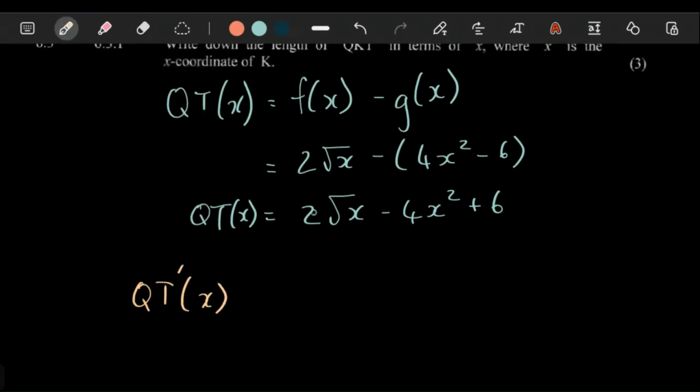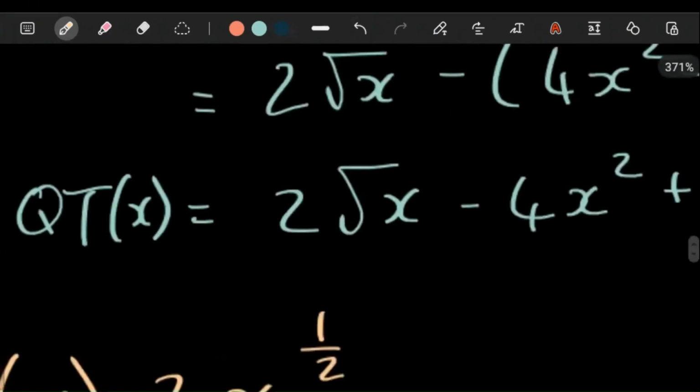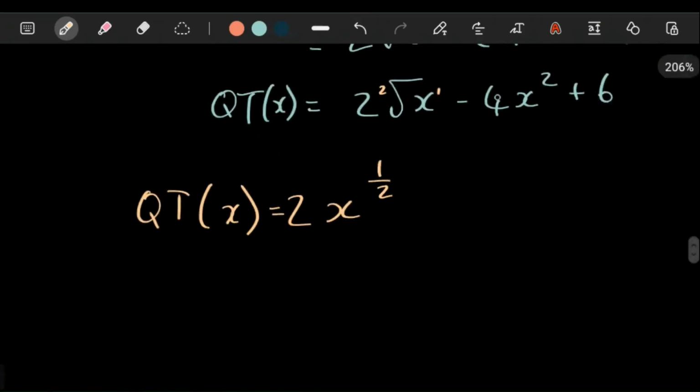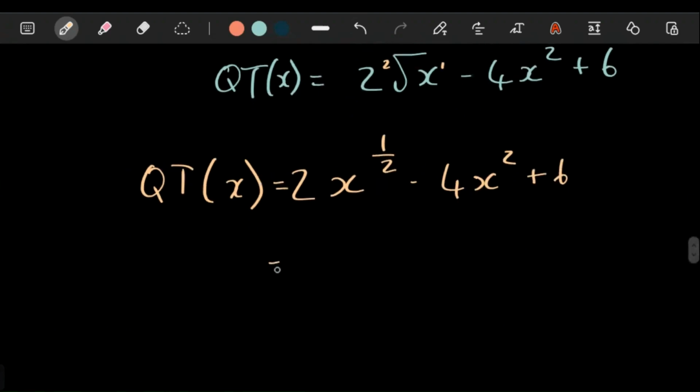But before we differentiate, we have to simplify it. So here we have to say 2x to the power of a half, because remember, anything under a square root has a tiny 2 over here, and if an exponent is not visible, the exponent is a 1. So here 2 goes under the 1 over there. And then this is already in a format that can be differentiated, so we don't have to change anything there. So here now we can differentiate.